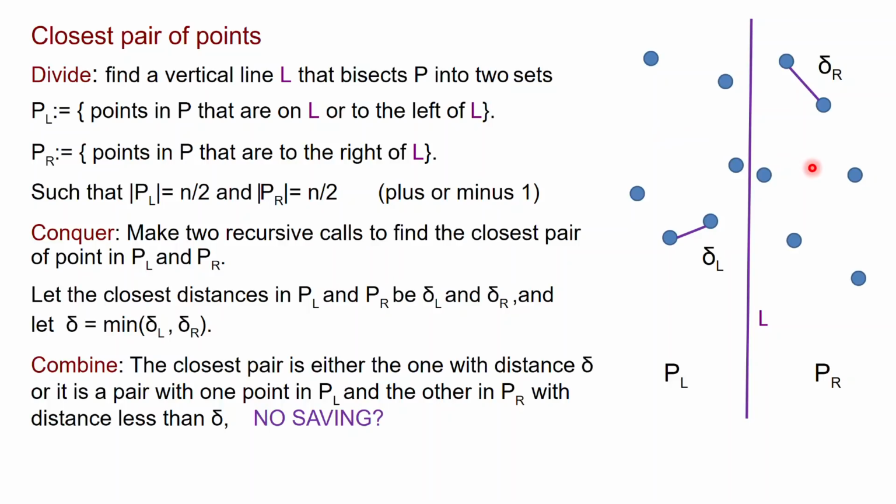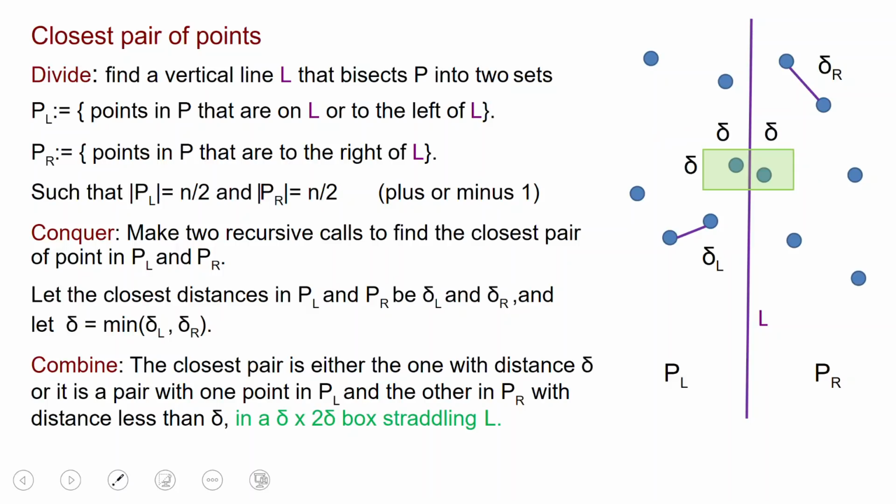However, the fundamental insight is that when you look for such pairs, you don't have to look for any possible pair, but you only have to look for pairs which lie in a delta cross 2 delta box straddling L. So a box like this. Okay. Why is this? Well, because if the closest pair involves a point which is farther away from L than delta, then clearly it cannot be part of a solution because we already have a pair which has distance delta.